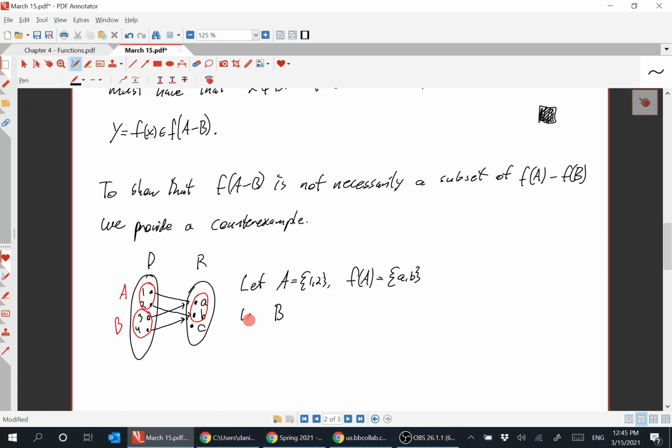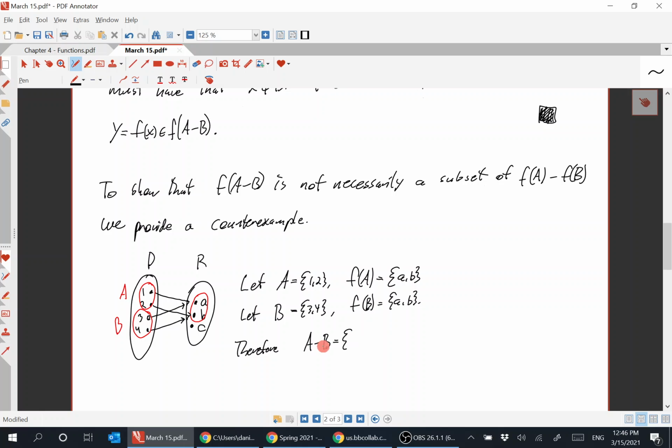And we'll make B equal to the set {3, 4}, and so the image of B is equal to little a, little b. Alright, therefore the image of A minus the image of B is the empty set.